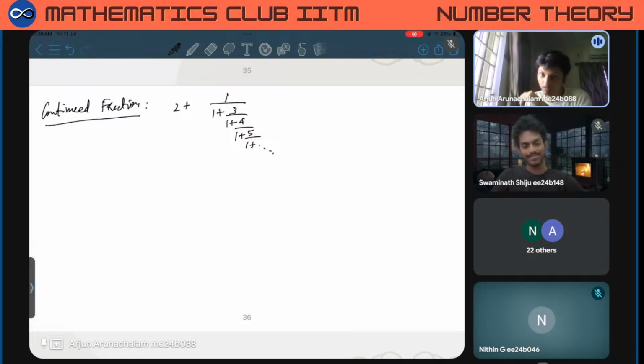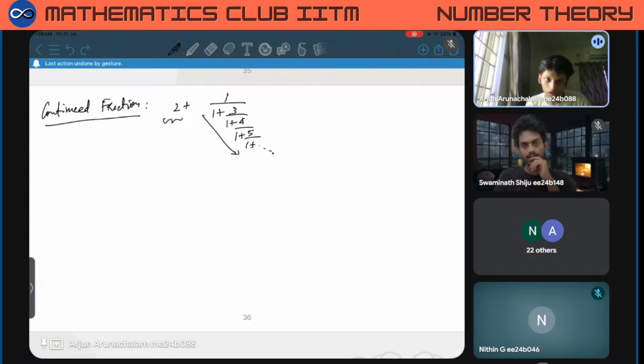This is what a continued fraction is. So you have various steps in this fraction and you have a leading number. How you represent this is generally by something called a bracket notation.